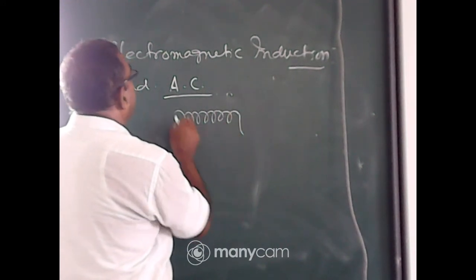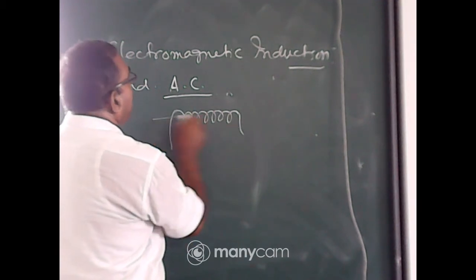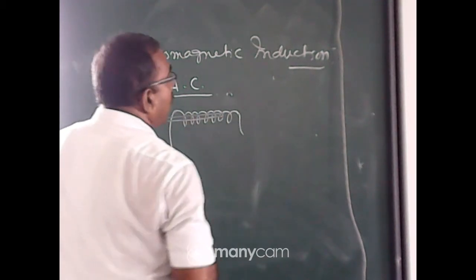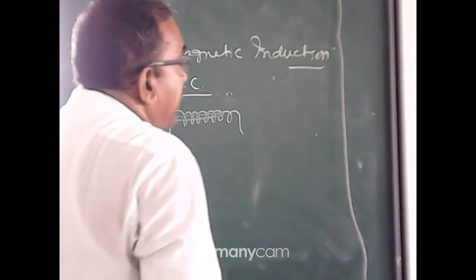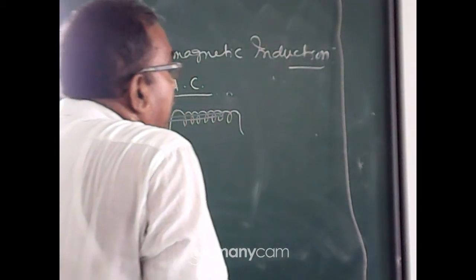Suppose you consider a permanent magnet moving through this coil, it creates some current, and due to this current it creates a magnetic field.